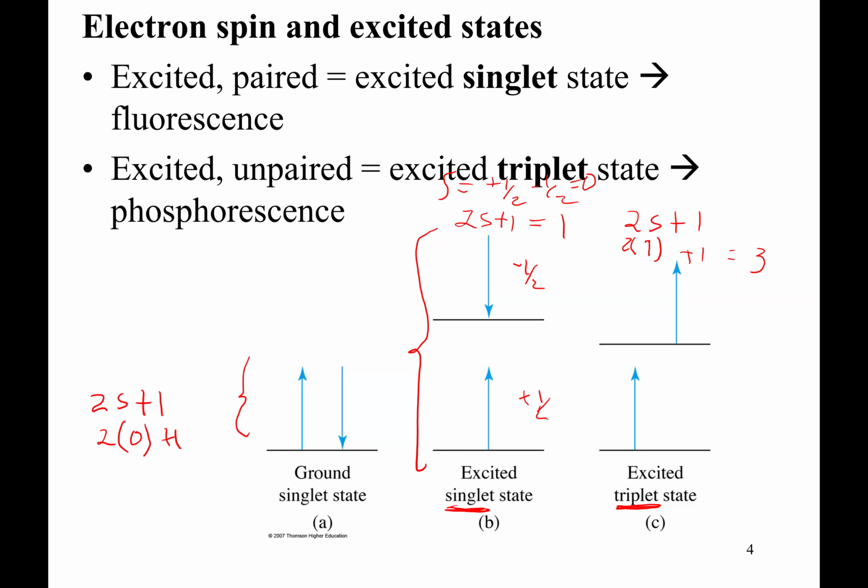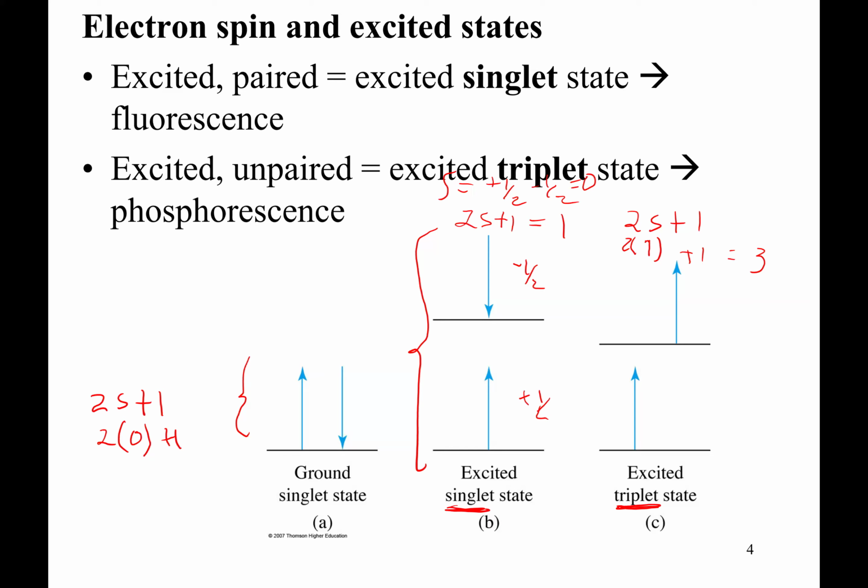Now, suppose they are unpaired, but they have spin ups and spin downs. So what you have here is a triplet state. You have an unpaired excited state, and then they have a triplet state in this case. Now it takes time for this to occur. It takes time to go to this state.